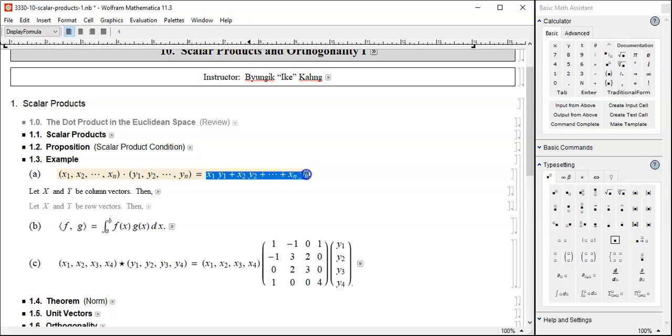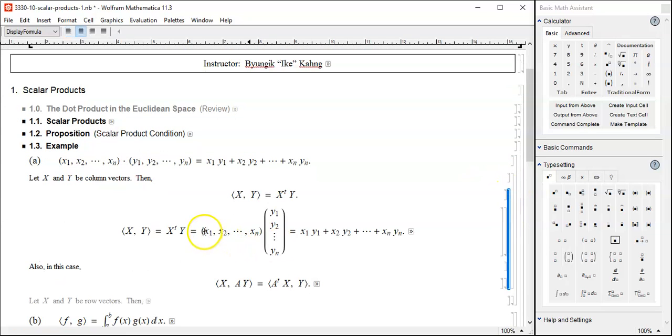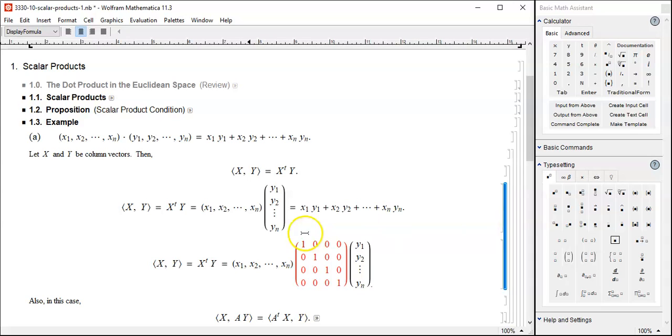This example here can be rewritten as a matrix multiplication like this. The row vector times column vector, and do the matrix multiplication, and then we get exactly the same thing as before. But between the row vector and column vector, you can always slip something in.